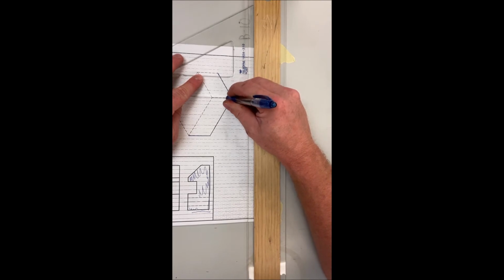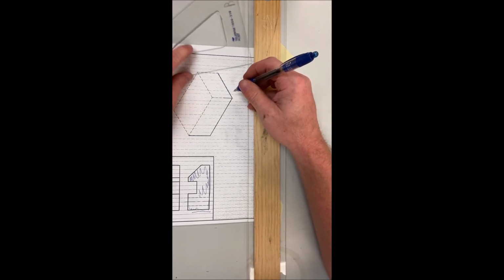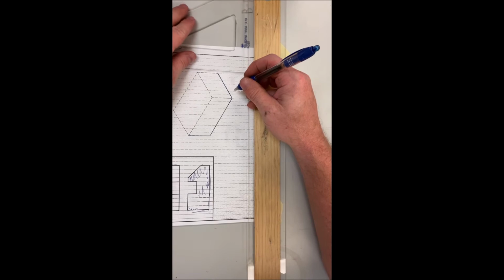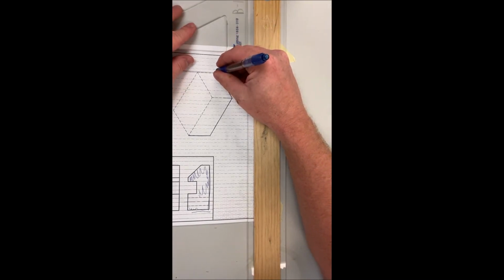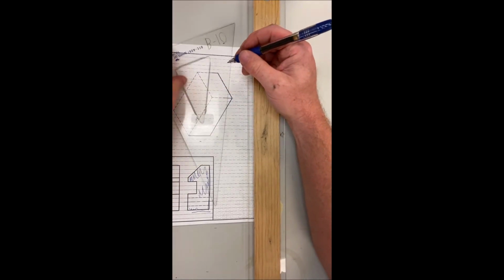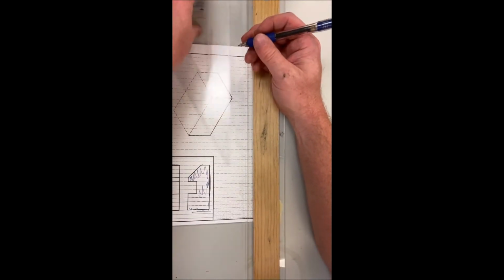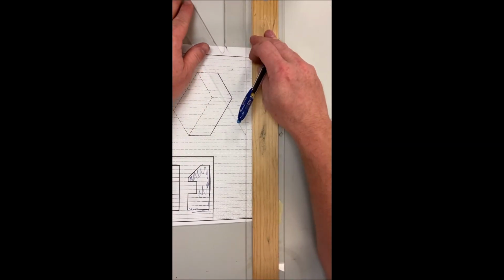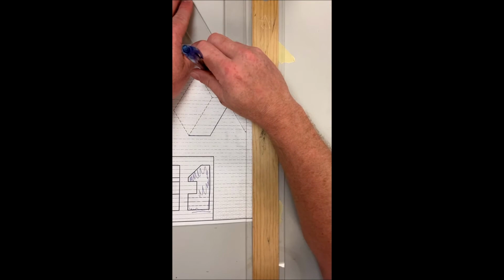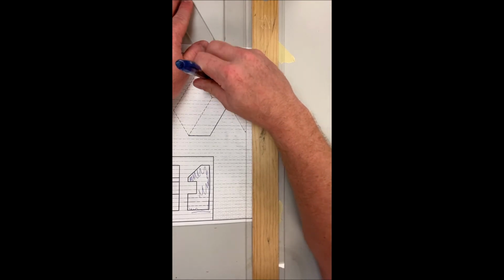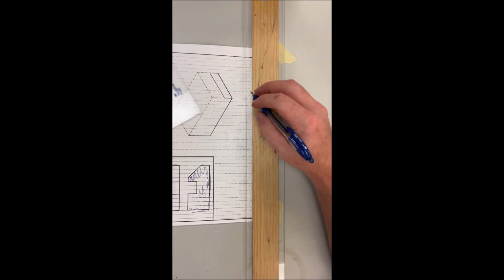So 1, 2 on both sides. Don't use pen. I'm using it because it's easier for you to see, but class is not over for you yet. So get this thing about right here. And there we go. So those two are done.